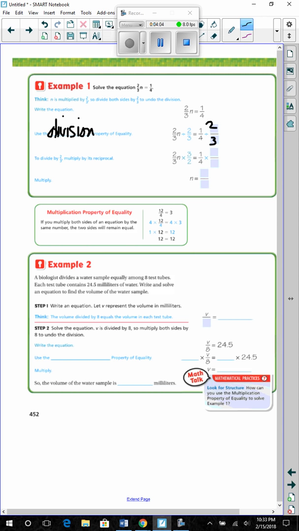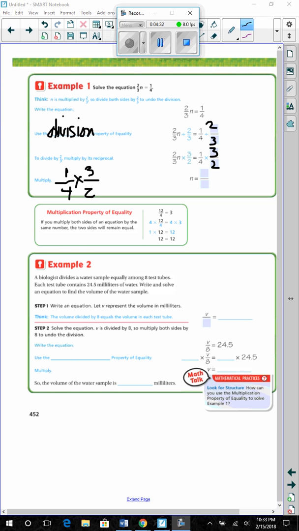Now, here is a little review. Remember when we divide fractions, we have to flip the second guy and multiply. So we're going to go ahead and flip the fraction over. So instead of 2/3, it's going to be 3/2.